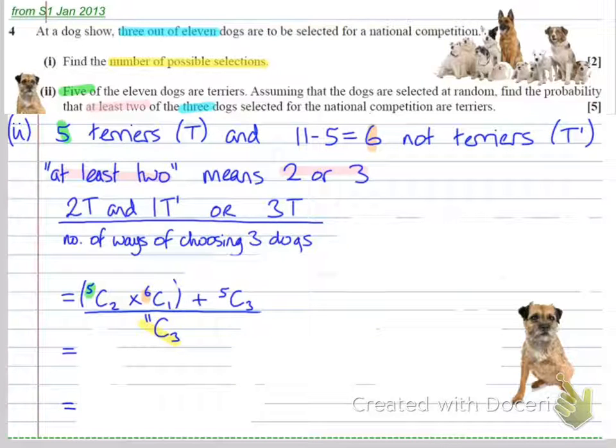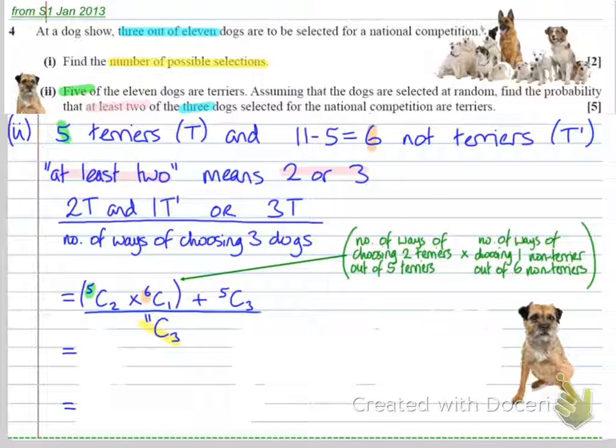The numerator then, for the 2 terriers, 5C2 is the number of ways of choosing 2 terriers out of the 5 terriers. And we have to remember the other dog that's not a terrier. So 6C1 is the number of ways of choosing that dog that's not a terrier out of the 6 dogs that are not terriers. When we're doing the calculation, 6C1 is just 6, which is easier to type in the calculator.